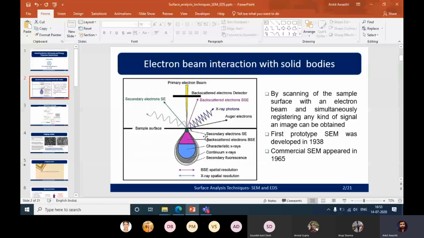After that we get the backscattered electrons, and then we have the characteristic X-rays. So it generally goes up to 1 micron, also 2 microns, and you can vary this depth by changing the parameters as already told. If you have a high accelerating voltage, the electron beam penetrates much deeper into the surface, and then you will get an idea about the composition at higher depth.